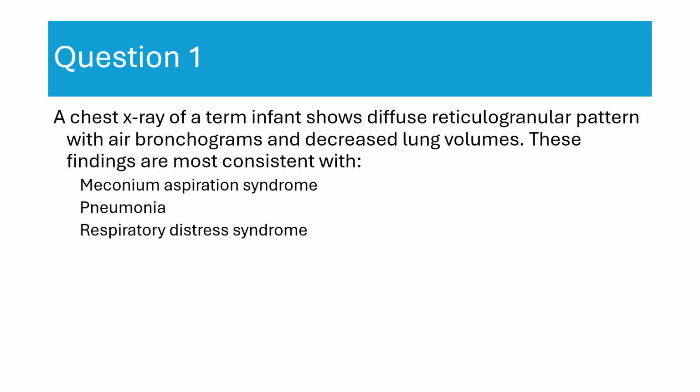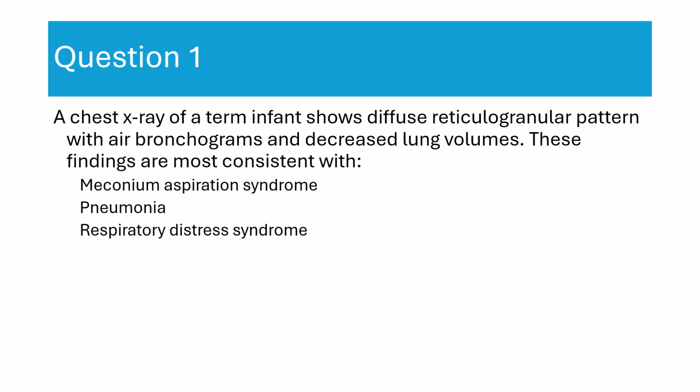This is correct because the classic radiographic findings of RDS include a diffuse reticulogranular ground glass pattern with air bronchograms and decreased lung volumes. These findings reflect diffuse microatelectasis due to surfactant deficiency, which is the pathophysiology of RDS.